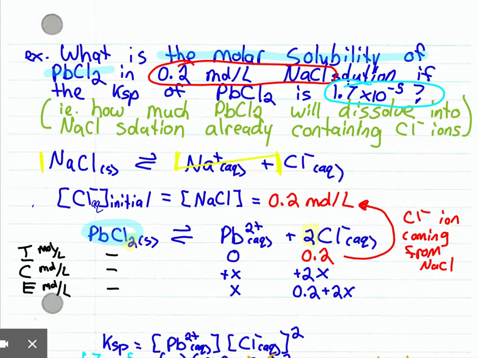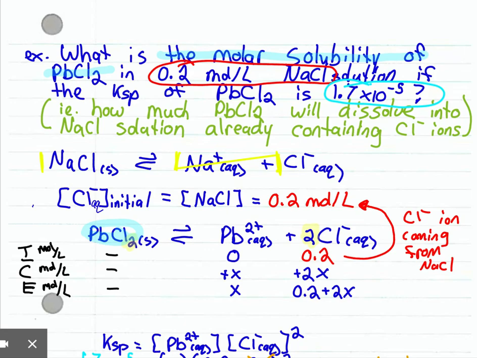There's no lead in the existing solution, but there are chloride ions in the existing sodium chloride solution. And we know that it equals the concentration of our sodium chloride. So there's 0.2 mole per liter sodium chloride, which means there's 0.2 mole per liter chloride ions already there. So the initial concentration of the common ion is 0.2.